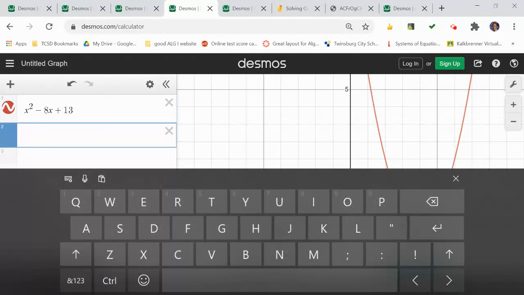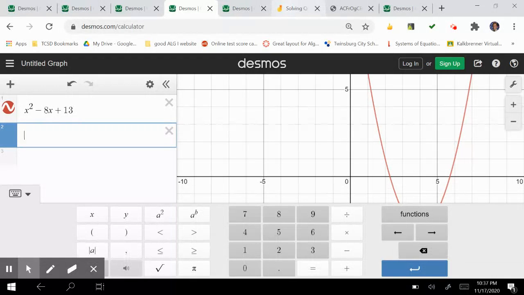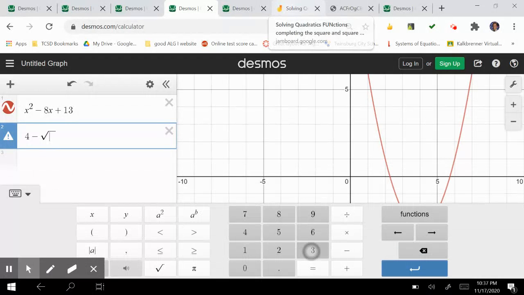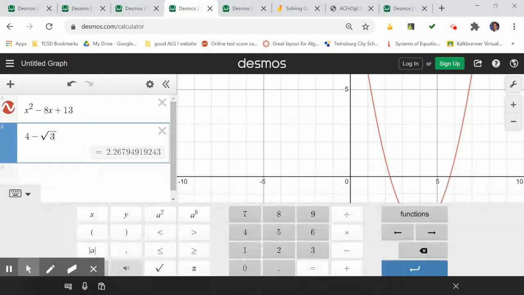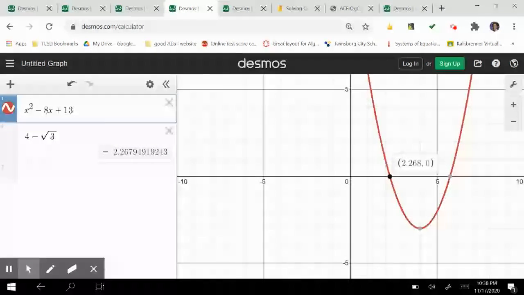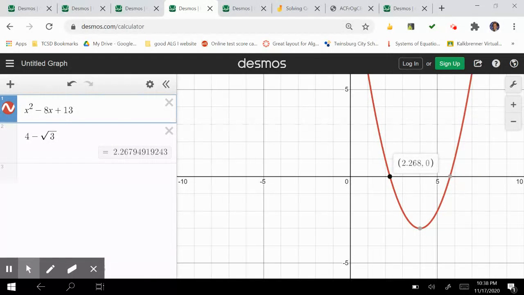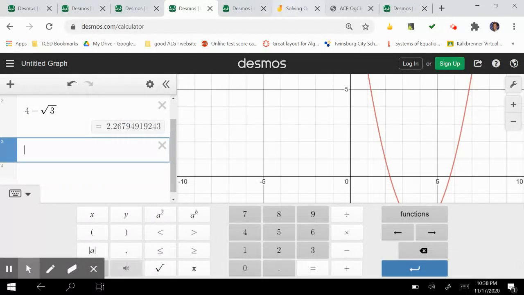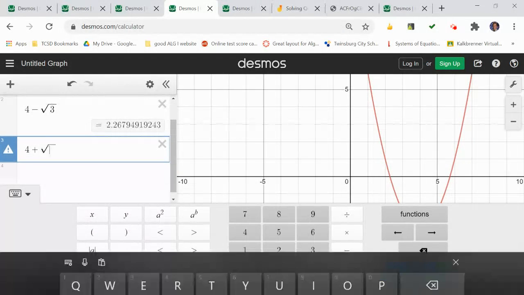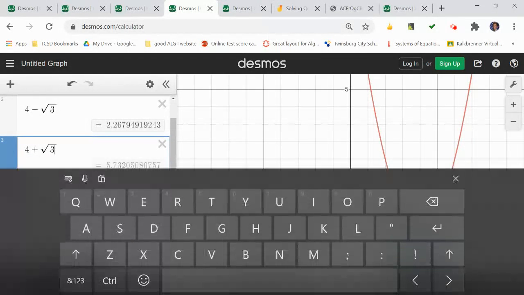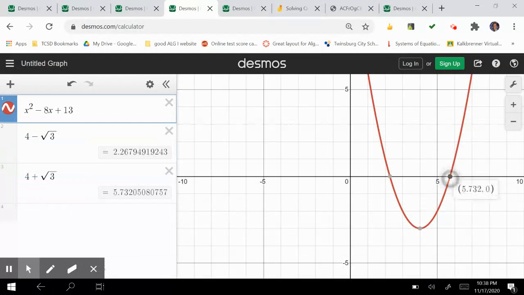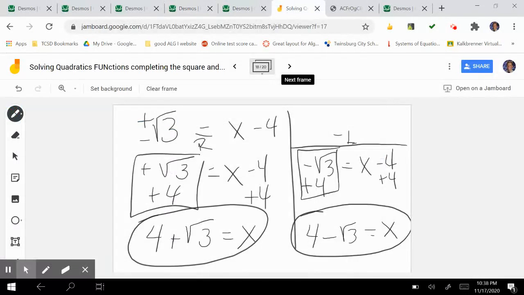So if I just type this in here, I get 4 minus radical 3, and I get that value right there. Okay? And if I plug in 4 plus radical 3, what's going to show up is this same value over here. So I can even check it with graphing. Always check with graphing. All right?